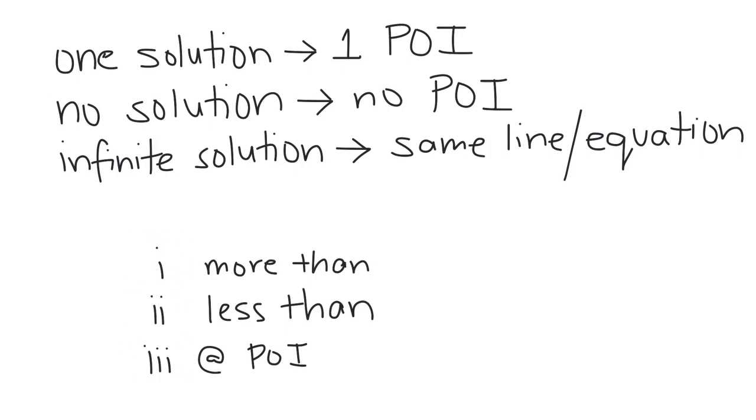One condition will be more than whatever your point of intersection value was. So in the question that we did, remember we said more than 4 hours. Your second condition will be a less than, so you are looking at something less than your point of intersection. And your third and final condition will be exactly at the point of intersection.